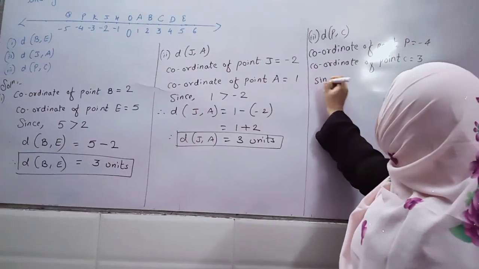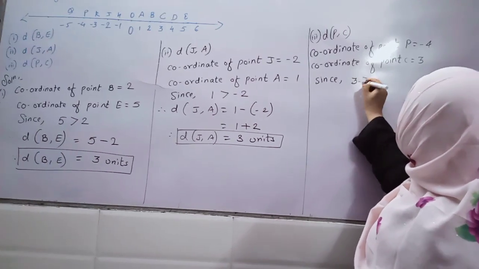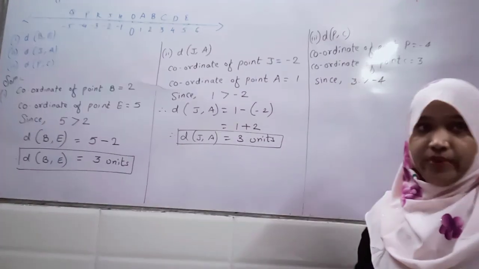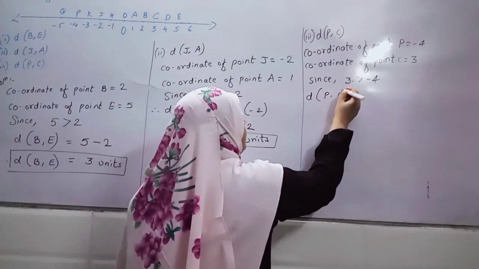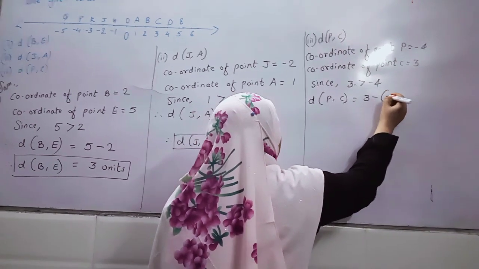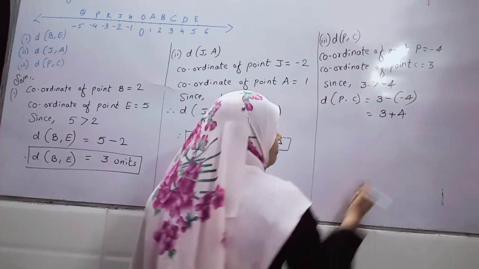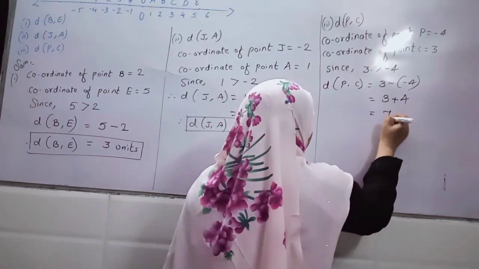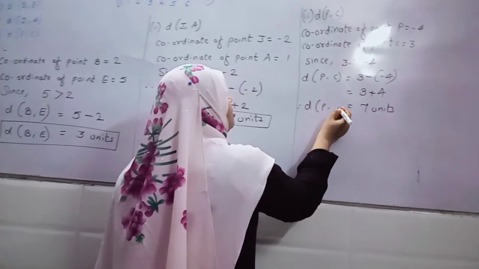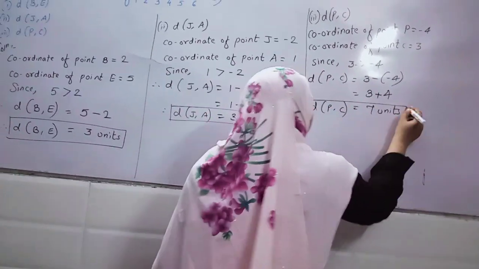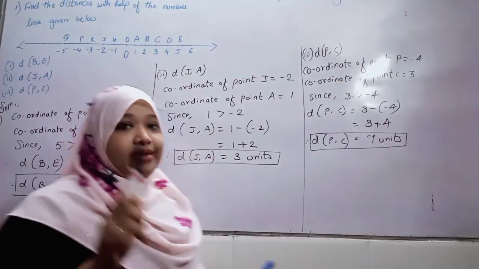Since 3 is bigger than minus 4, the distance of P and C equals 3 minus minus 4. Minus minus becomes plus, 3 plus 4 becomes 7 units. Therefore the distance of PC is equal to 7 units. Understood, students?